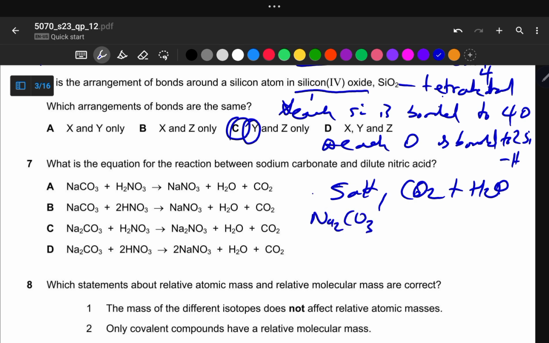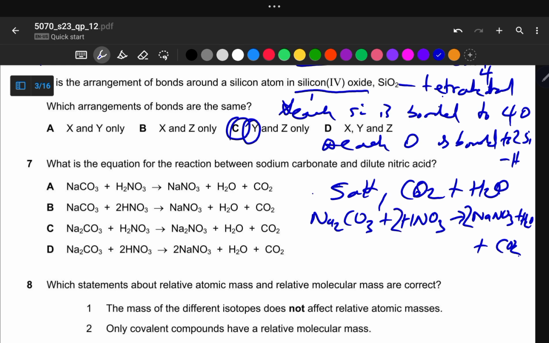Here we're being examined on how to write your chemical formulas and to balance chemical equations, right? So we've got sodium nitrate plus water plus carbon dioxide. So to balance this equation, we're going to have a 2 here and then also a 2 here. So this is balanced.